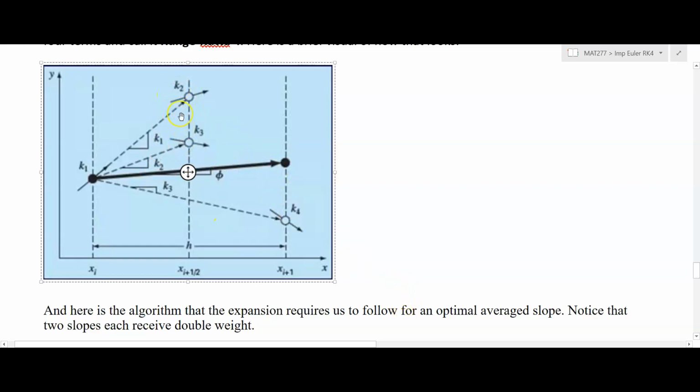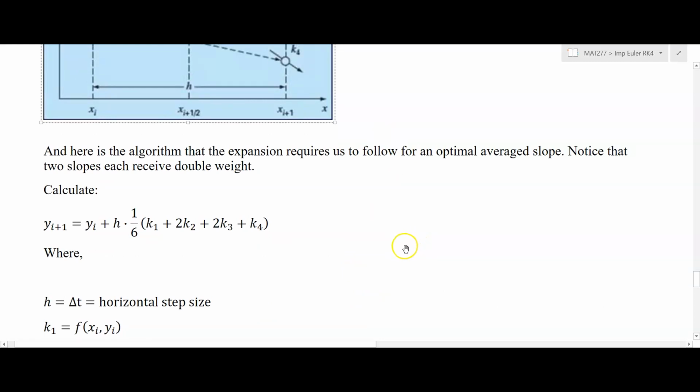You might say, well, why are we using the 2 intermediate slopes in the middle? The reason is the Taylor series expansion. But notice that it still takes on that same form: y sub k plus 1 equals y sub k plus h, that's our step size, times a weighted combination of the slopes. But instead of giving each of the 4 slopes a weight of 1/4, we're actually going to give k2 and k3 double weights.